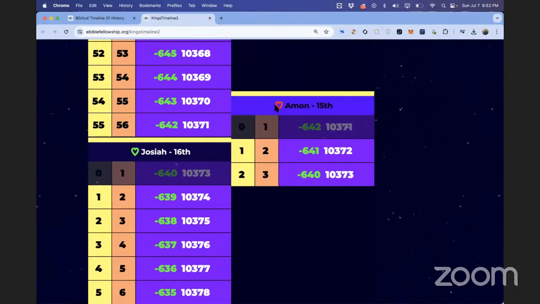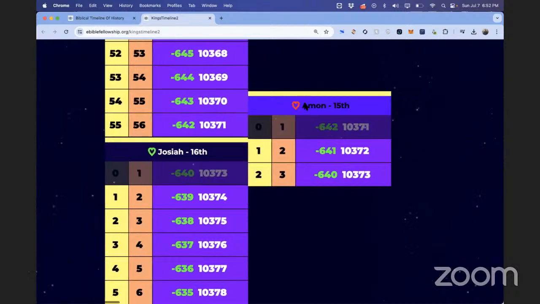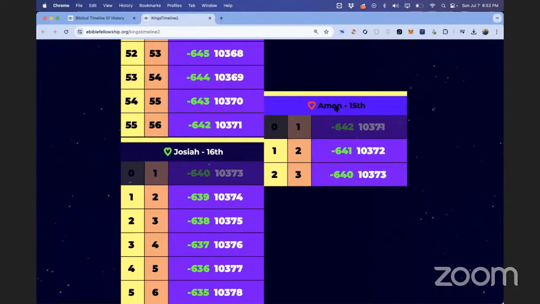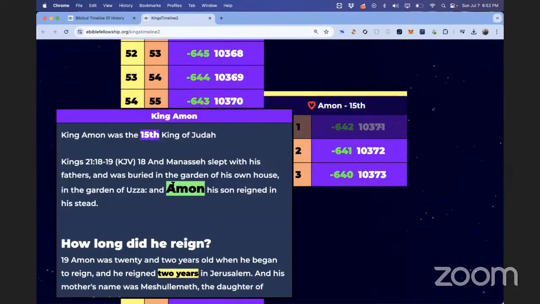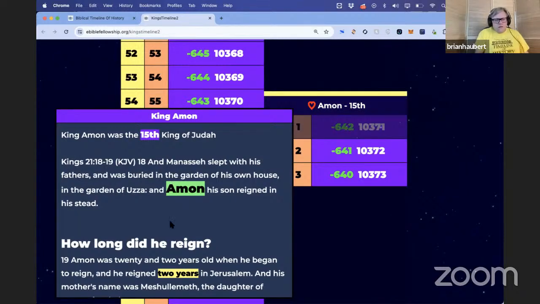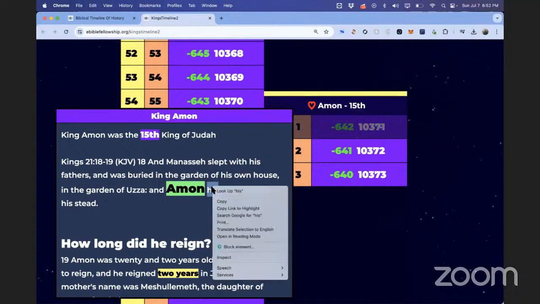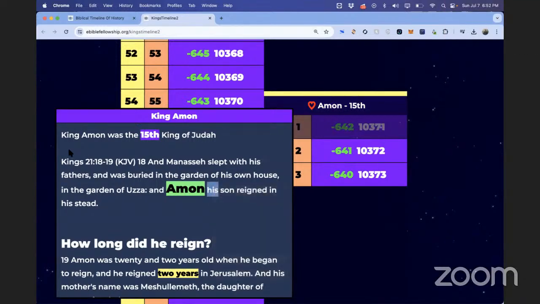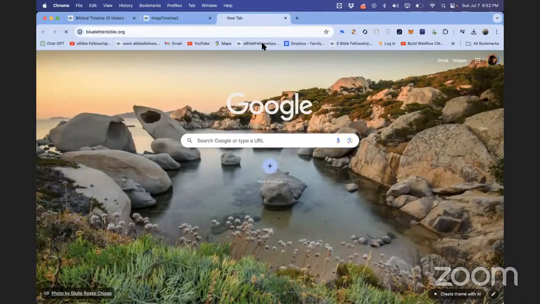So with Amon, we go ahead and read here. He's the 15th king of Judah. If you don't mind reading that too. Sure. King Amon was the 15th king of Judah. Is that First Kings or Second Kings? I don't know. I think it's First Kings. Let me just verify it real fast. 21:18.